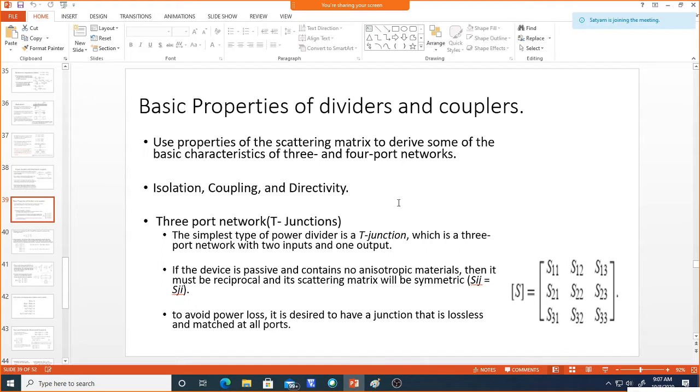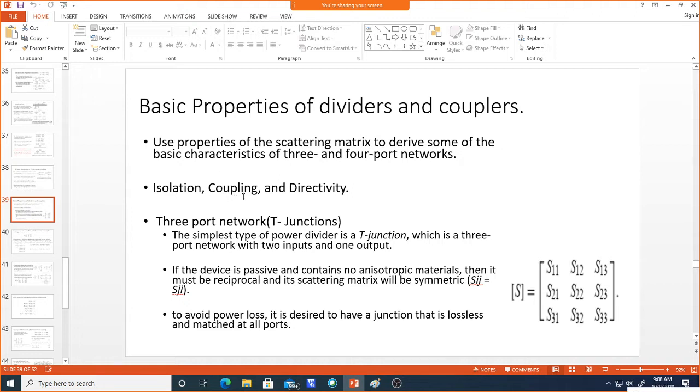But I need to couple the power, for example 3 dB, 6 dB, 9 dB, like that. So I need to couple different powers from port 1 to port 3, which are not connected to each other. That is what coupling is. We can also see how to design different types of couplers, 3 dB couplers and 6 dB couplers.